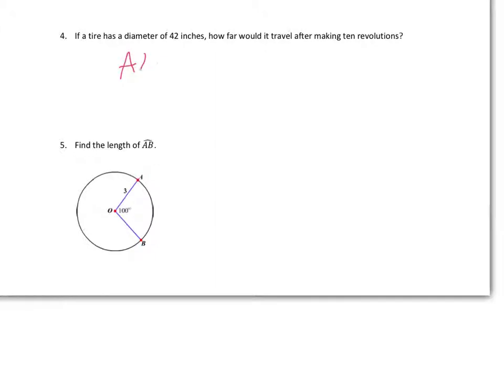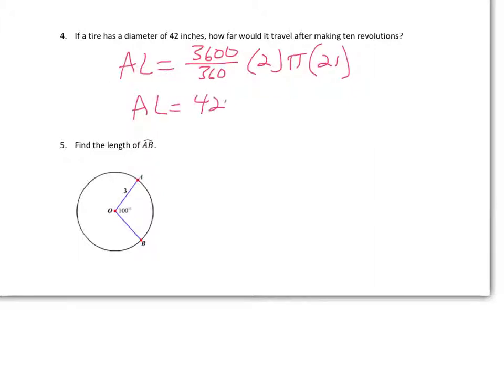So we want to find the arc length of 3,600 over 360 times 2 times pi times the radius, which is 1/2 of 42, or 21. It's pretty easy to see that 3,600 divided by 360 is just 10. So we just need to do 10 times 2 times 21, and you'll get 420. So the arc length is 420 pi.